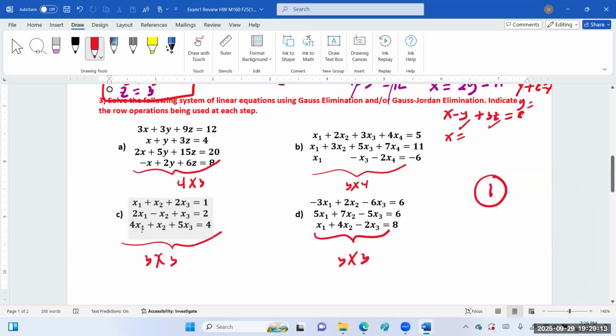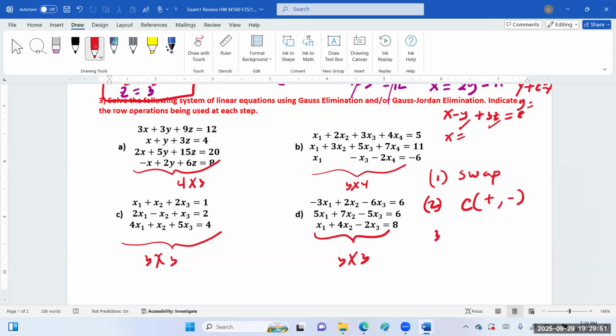Do you remember which 3 operations are allowed in the row echelon elimination process? 3 rules. One of them is swapping. You're allowed to swap any 2 rows. What's the other allowed operation? You can multiply by a constant and then addition, subtraction.